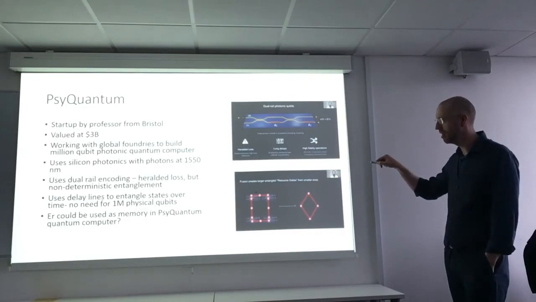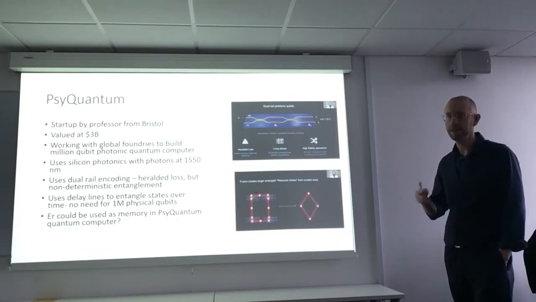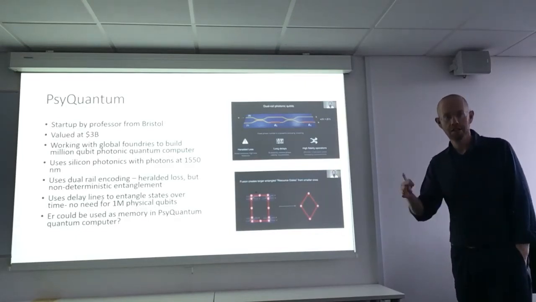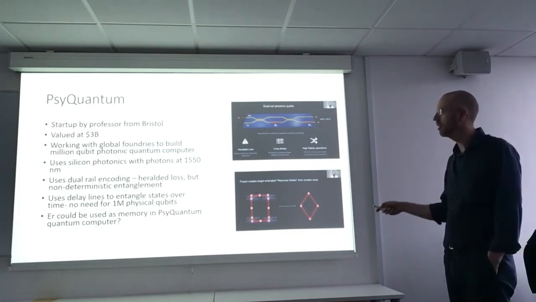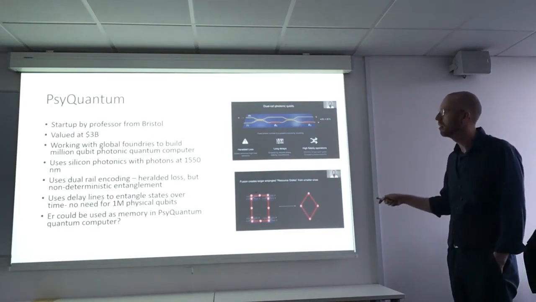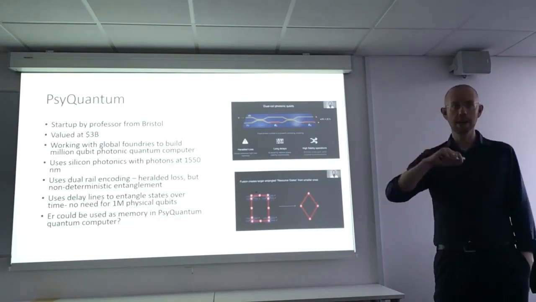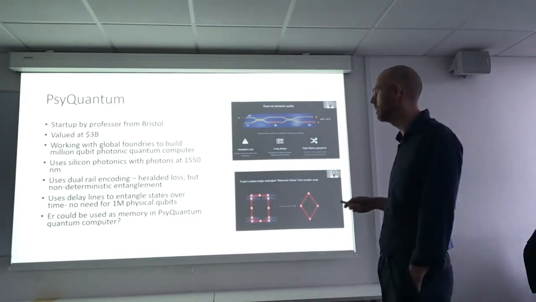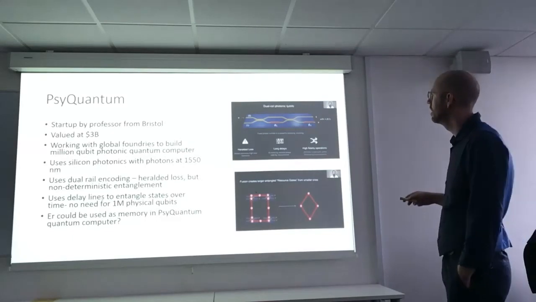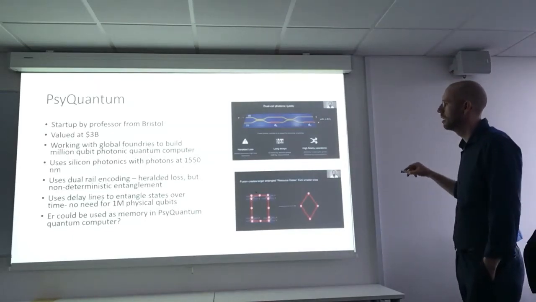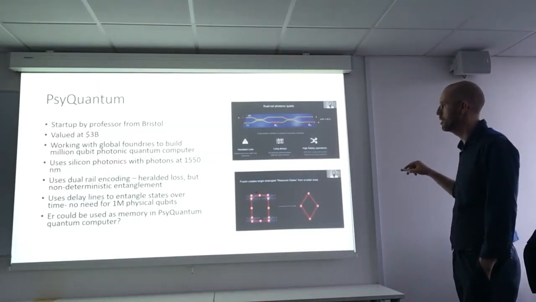And it uses silicon photonics, so it's got light travelling down waveguides in silicon at the telecommunications wavelength, 1550 nanometers. So it's the same wavelength of light that erbium in silicon gives out. They use this special encoding, what's called dual rail encoding.